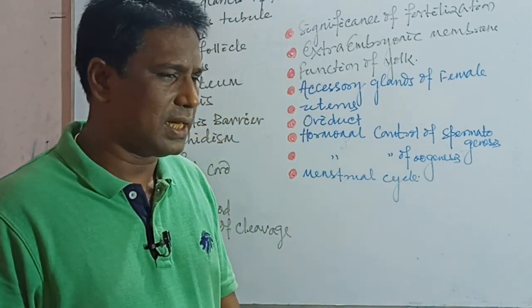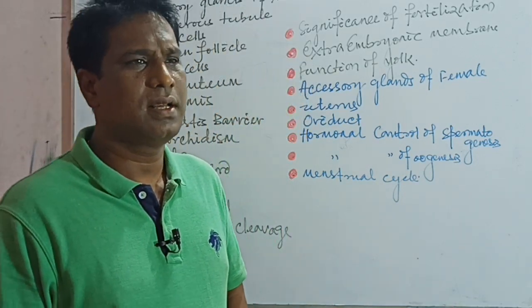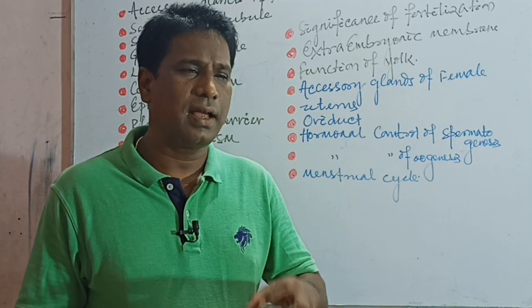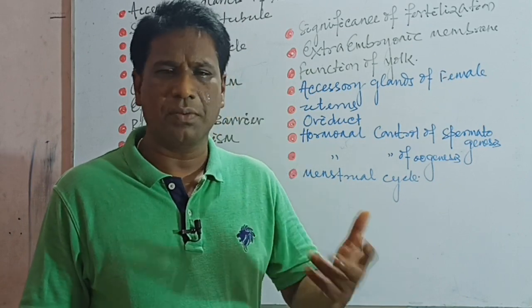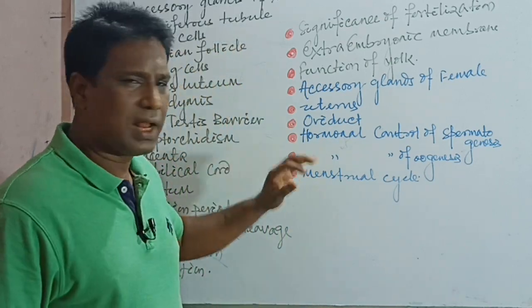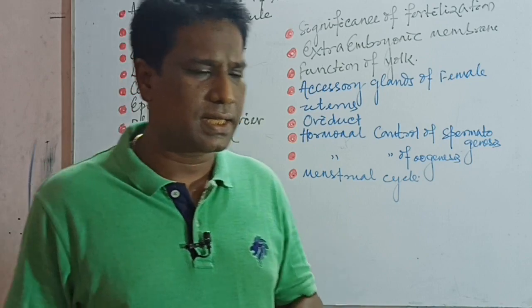Sertoli cells stimulated by follicle stimulating hormone help in nourishment of spermatozoa.